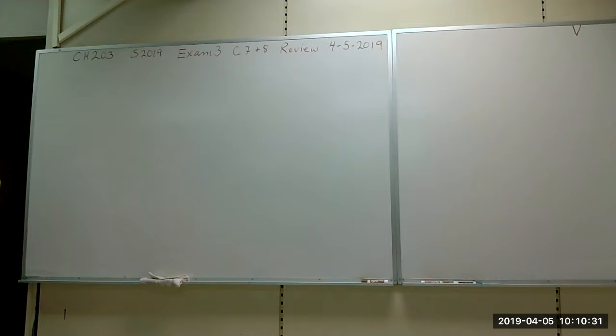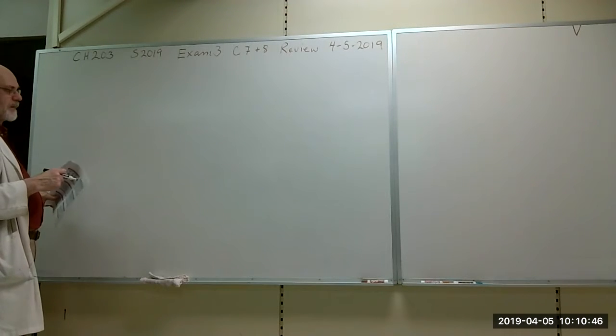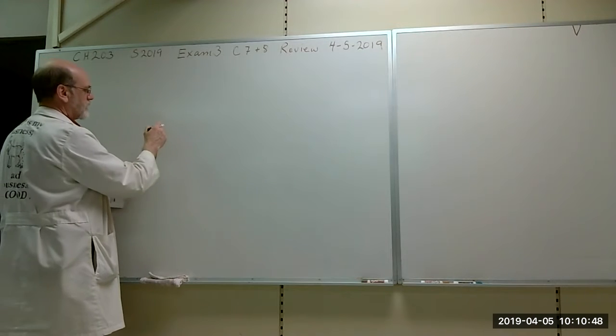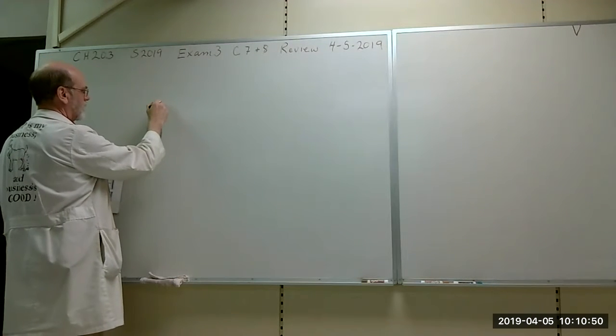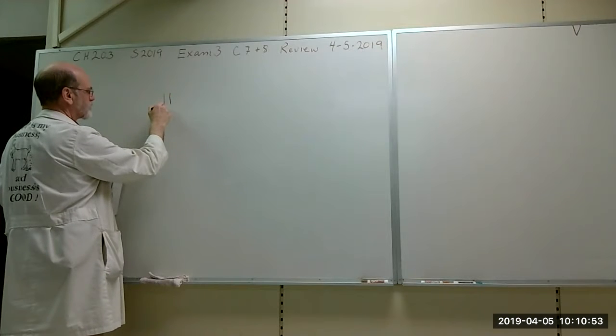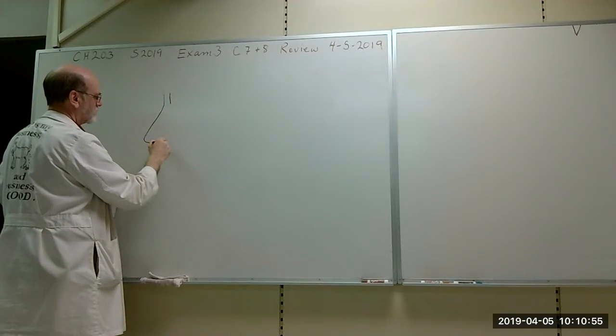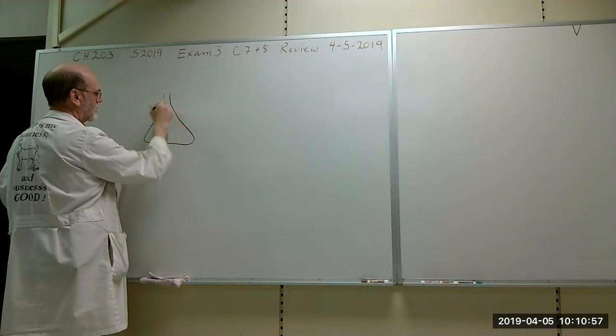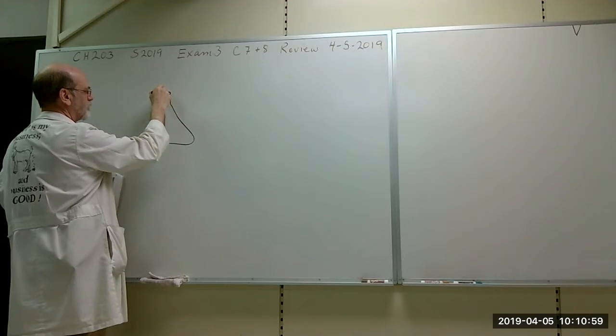Well, the next thing in the list is vapor pressure. Discussion of vapor pressure. So, the best illustration there is to have a container, an Erlenmeyer flask, and you put a stopper in it.